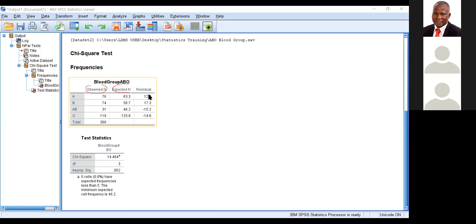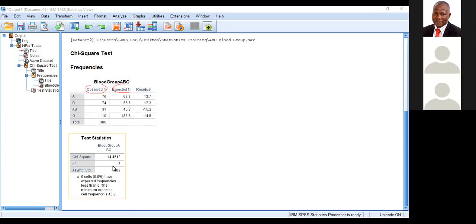So that's how to do chi-square test of goodness of fit. You can see that it is significant. P-value is 0.002. So that shows that the observed frequency is significantly different from the expected frequency, the theoretical one. Any question?